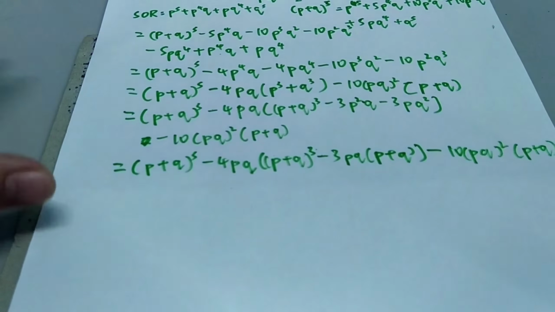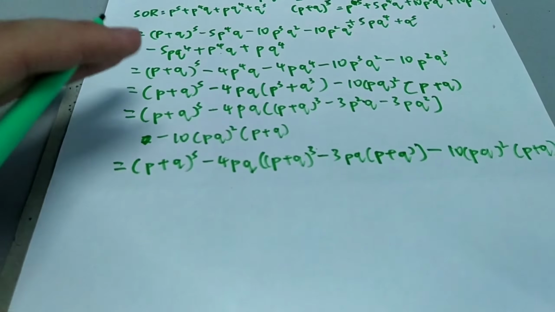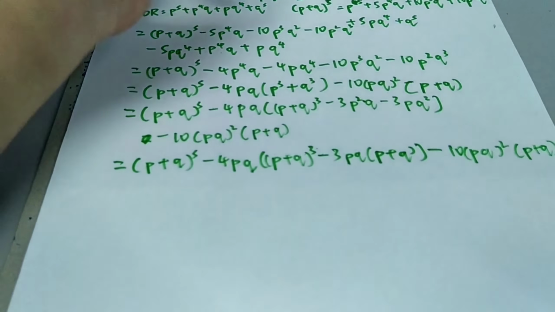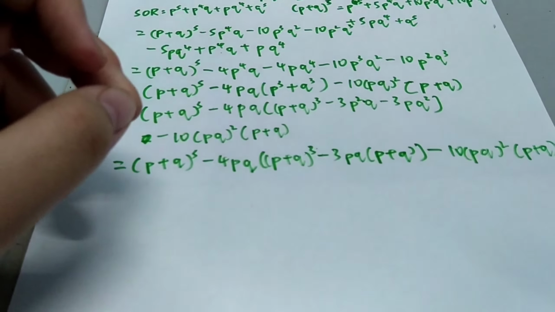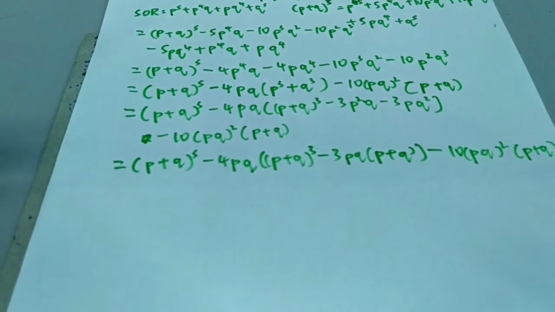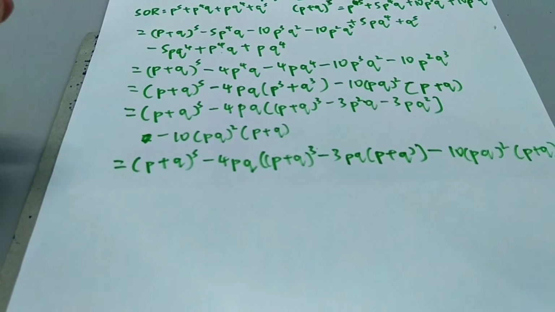So here is the form where we can actually plug in the p plus q and the pq, and remember the p plus q is equal to 3 and pq is equal to negative 3 over 2.